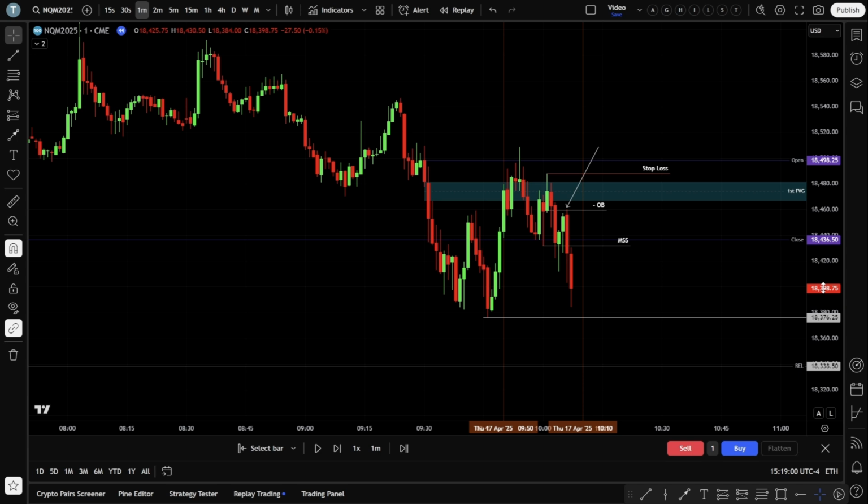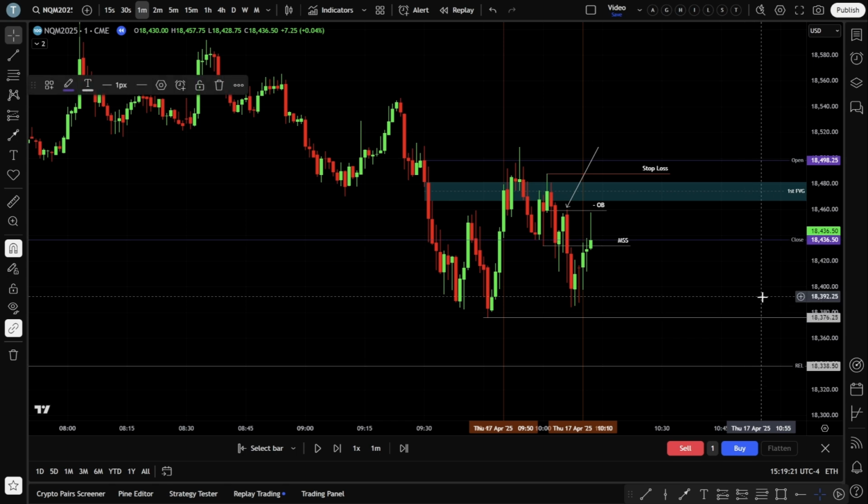Now here we see price is still bearish. Order flow is on our side. Now we're coming back into the opening range gap. Here's the close on the previous day.